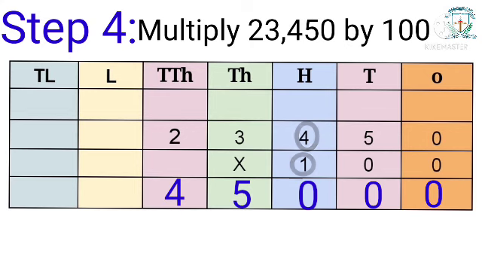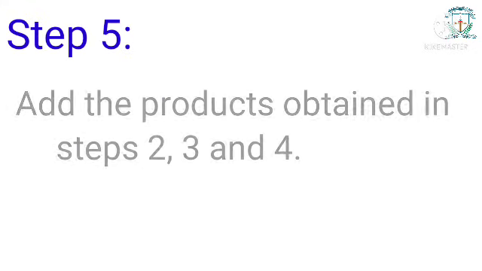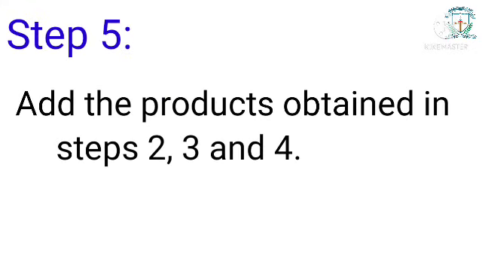Write 4 in 10,000s column. 1 threes are 3. Write 3 in lakhs column. 1 twos are 2. Write 2 in 10 lakhs column. So, the product obtained here is 23,45,000.